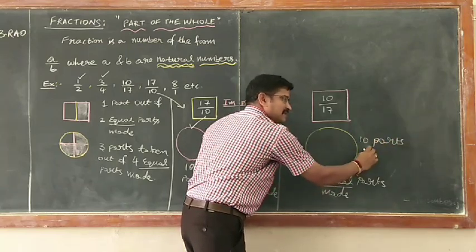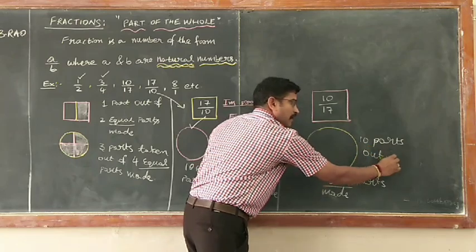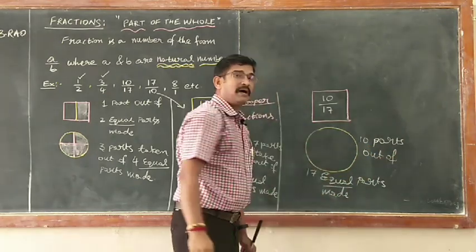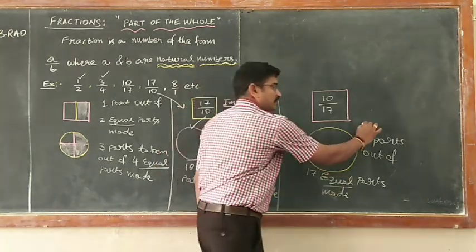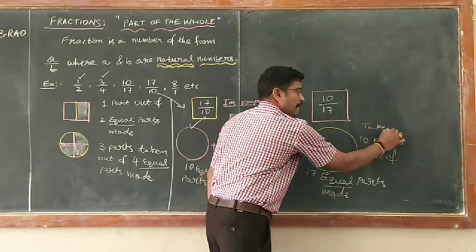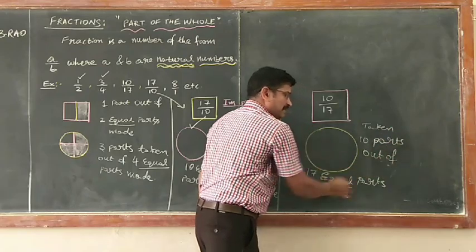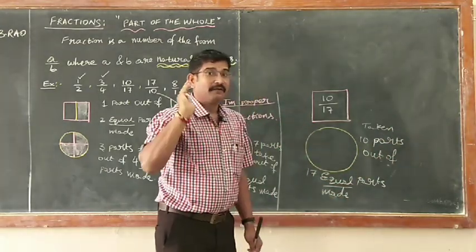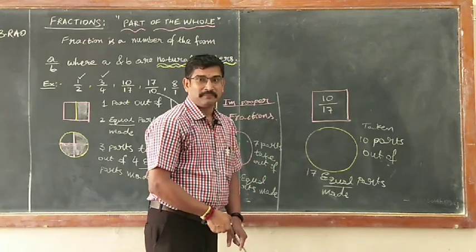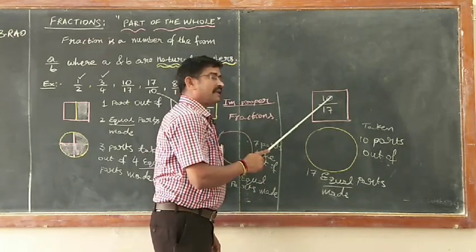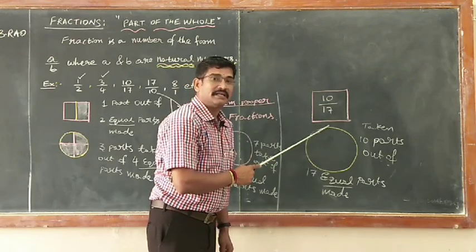Taking 10 parts out of 17 equal parts gives us the fraction 10/17, where the numerator is less than the denominator.